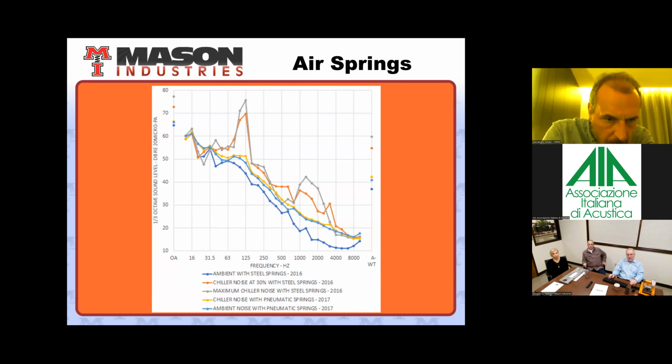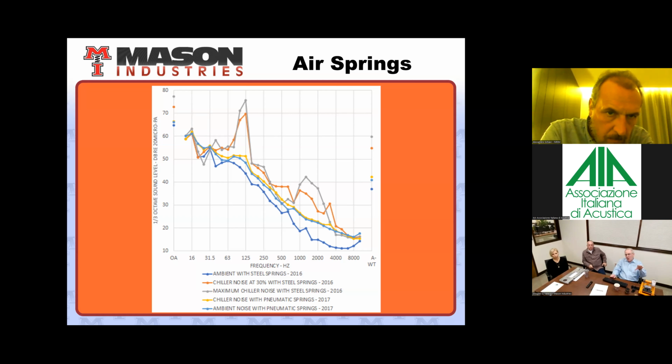You're all familiar with these type of tables, obviously just the sound pressure level in dB on the left and frequency along the bottom. The gray line on the top is the chiller operating at 100% capacity. The orange is the chiller operating at 30% capacity.